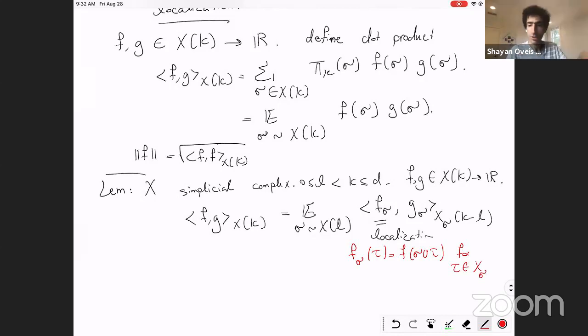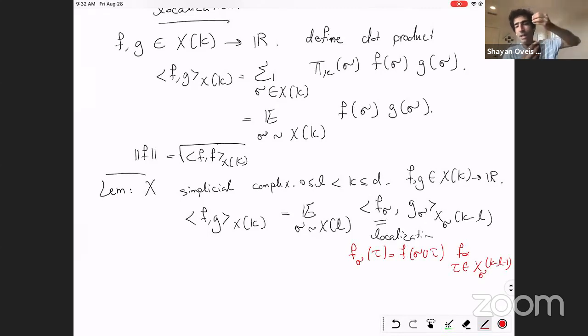So what am I doing? What is a localization? You have this function f defined on faces of dimension k. Now I fix some sigma of some lower dimension L, and for any tau of dimension, say, k minus L minus 1 in the link of sigma, f sigma of tau is just f of sigma union tau.